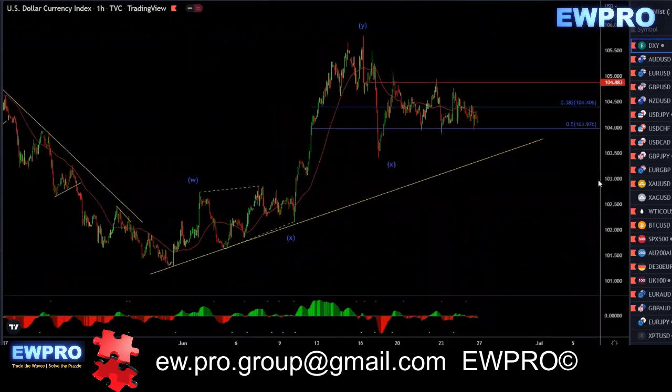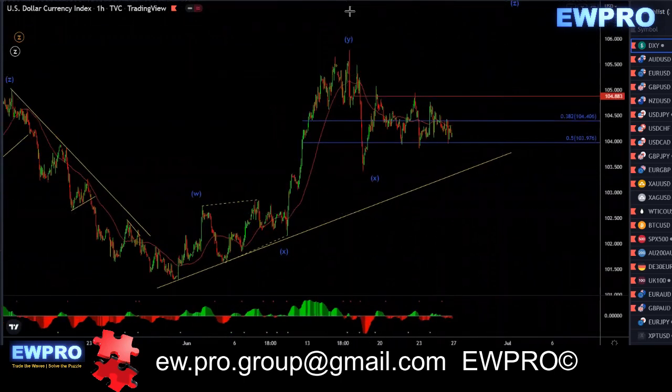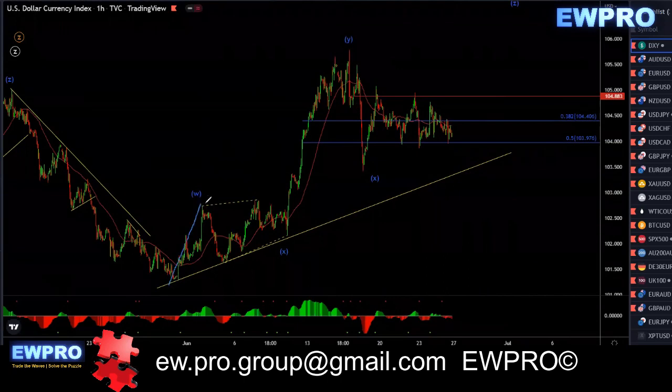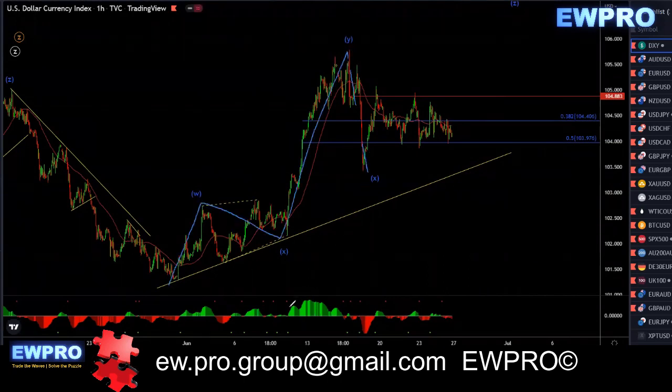So looking at the H1, we're looking at that WXY, X2, and we had that bull hidden. And I was looking for that to go and break that top for that wave Z. This is becoming like an A, some sort of a B, and then a C in here.